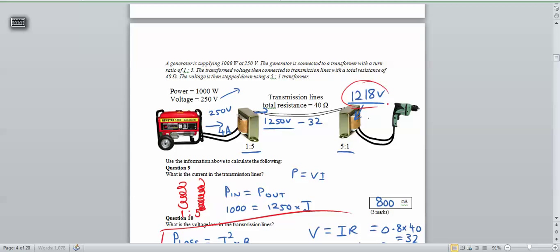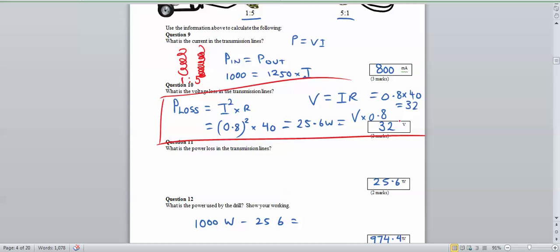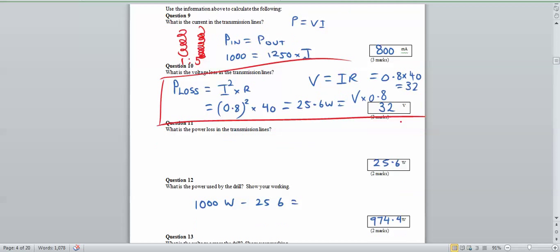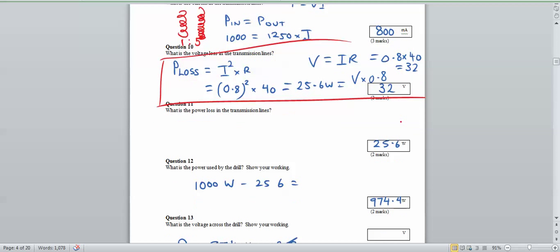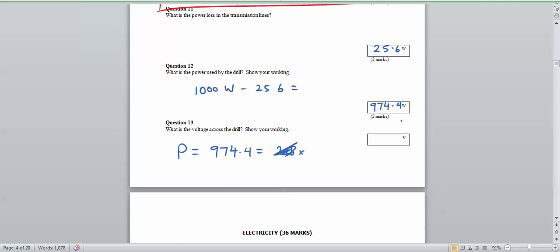okay, so 1,218 volts. But then that 1,218 volts is stepped down again. So 1,218 divided by 5 is 243.6 volts. So we've got 243.6 volts.